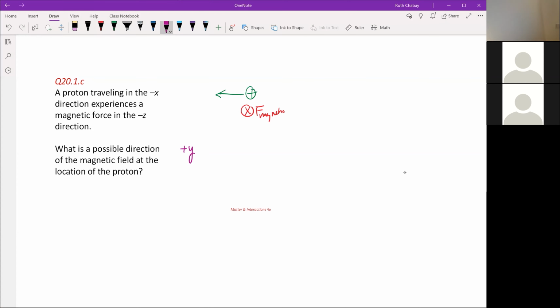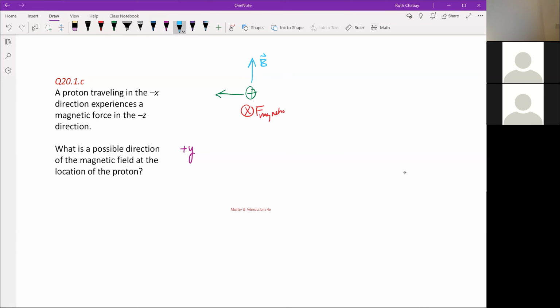But why does the question say what's a possible direction of the magnetic field at the location of the proton? Why doesn't it say what is the direction of the magnetic field at the location of the proton? The answer is that the magnetic field certainly could have been in the plus y direction.